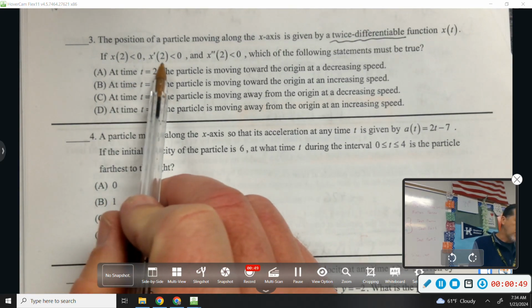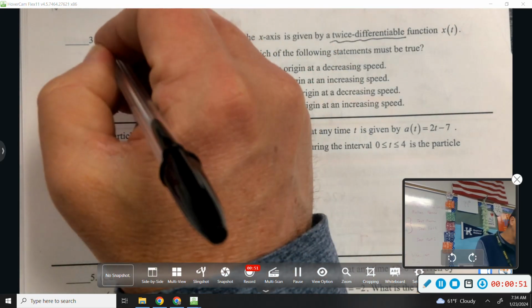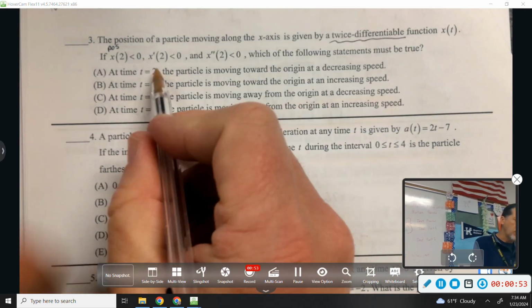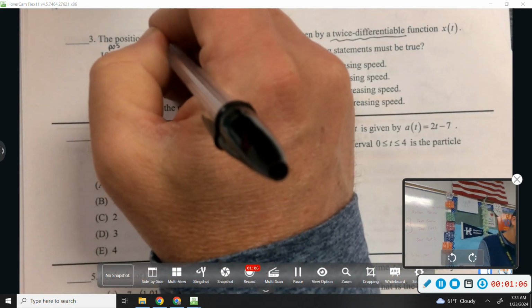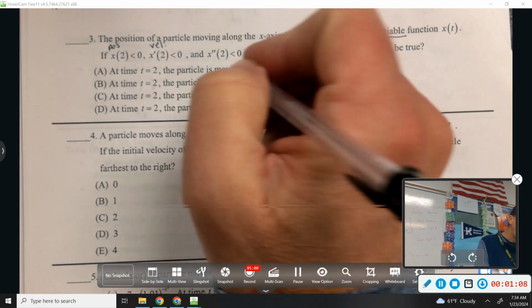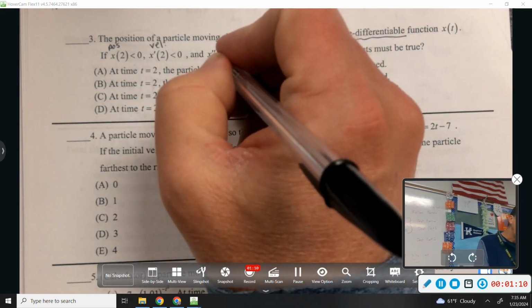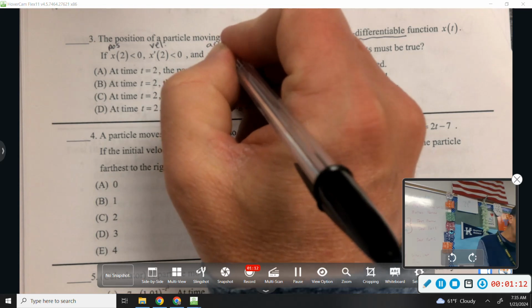X prime of 2, oh wait a minute, X of 2 is the position. What's X prime of 2? Okay, slope, yes, but in motion specifically, the slope of position tells us velocity. And the second derivative is concavity, but in terms of motion, we would say that's the acceleration.